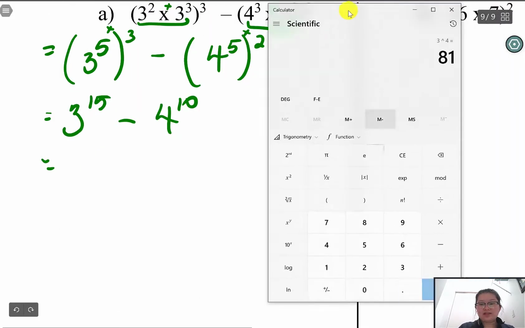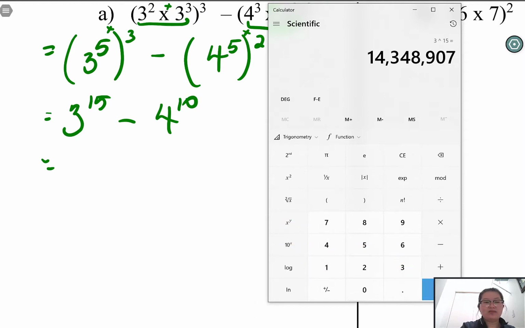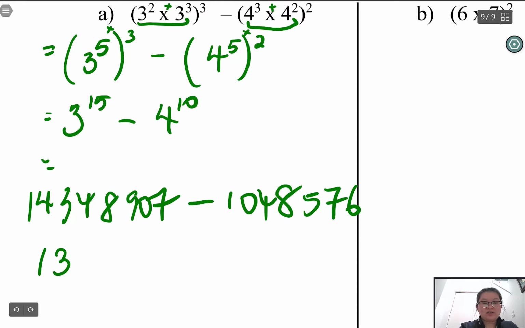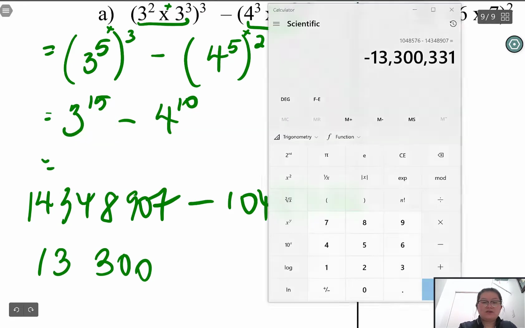So let's see if I can do this all in one go. 3 to the power of 15. Actually, it's better if we write it all out. It actually helps me to see where your mistakes are. 14, 3, 4, 8. Okay, and after I subtract the 2, I get 13, 300, and 331.